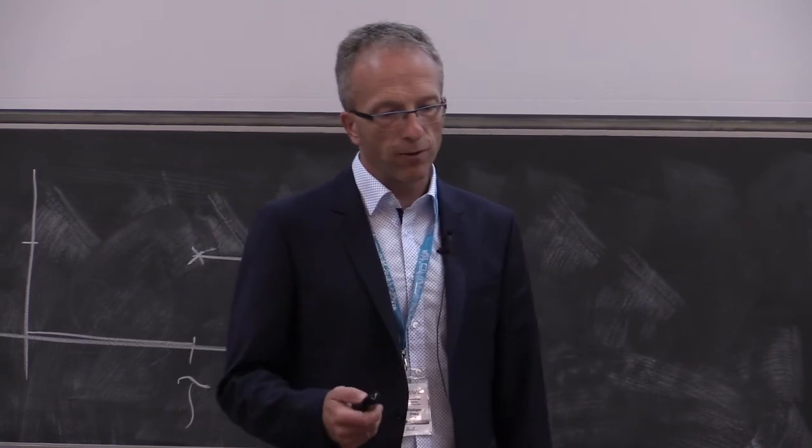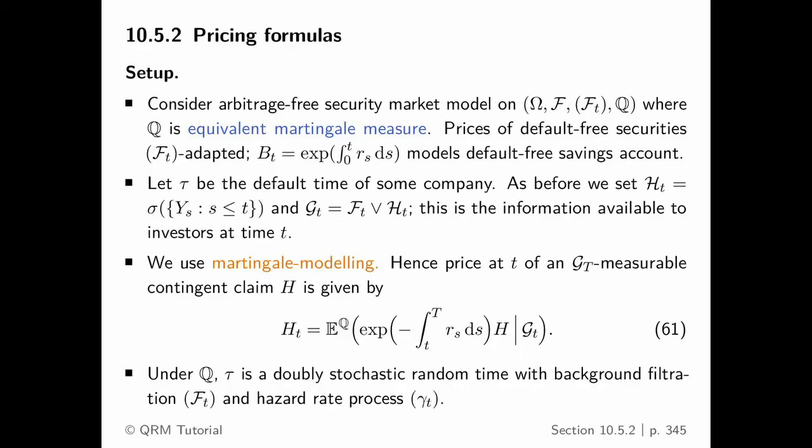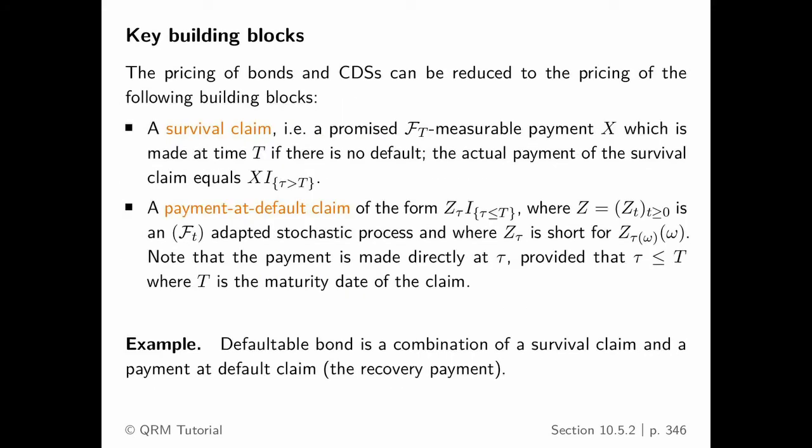Tau is this default time of some company, and we assume that tau is a doubly stochastic random time with background filtration F_t, right, and hazard rate gamma_t, and the price of all securities is given by this expression.